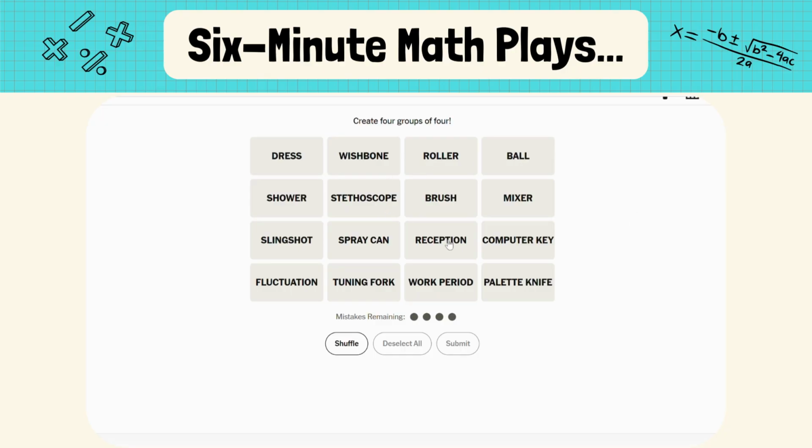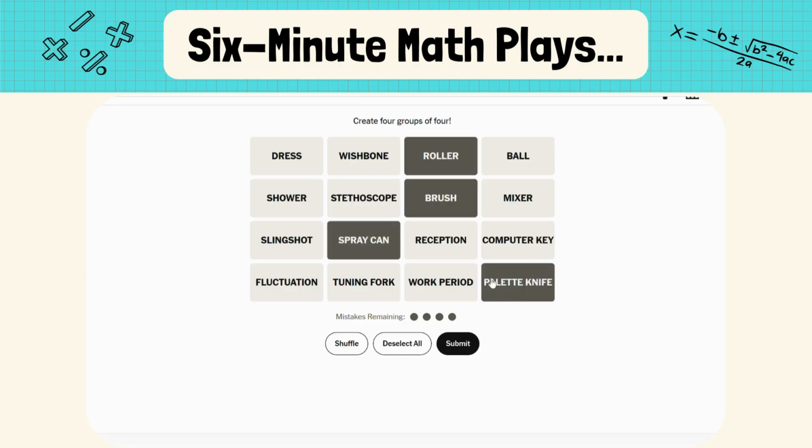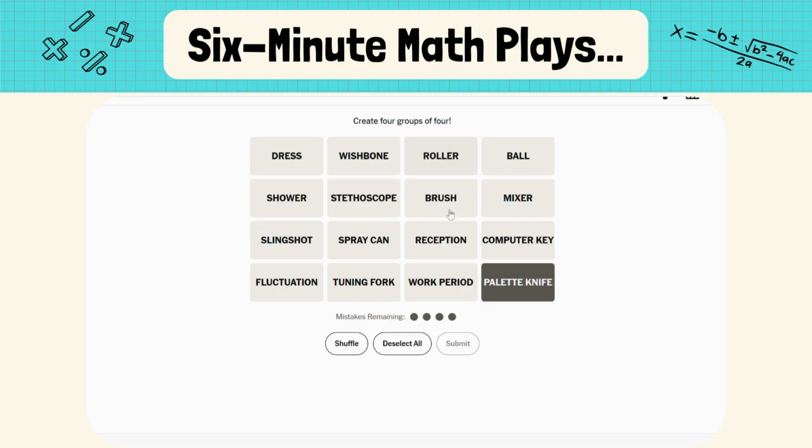I got stethoscope, reception, tuning fork, fluctuation, slingshot also go together. Work period, palette knife. Roller, brush, spray can, and palette knife are things to do with painting. So I think that's one.